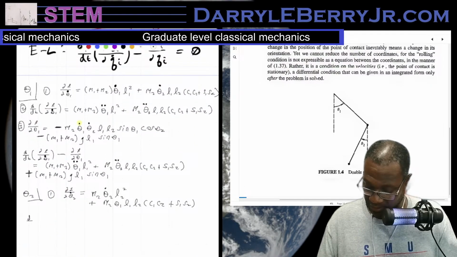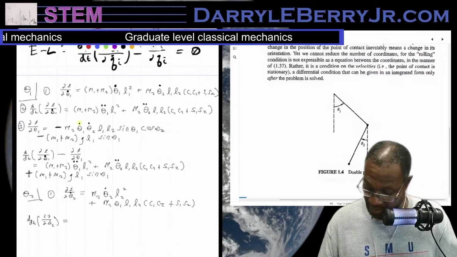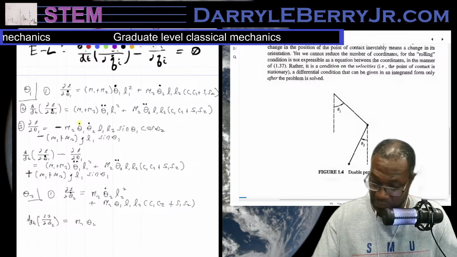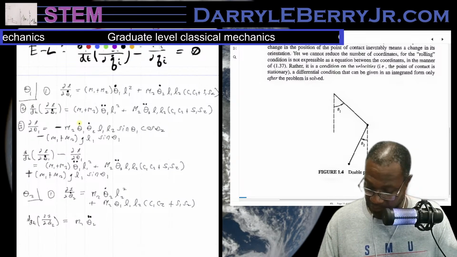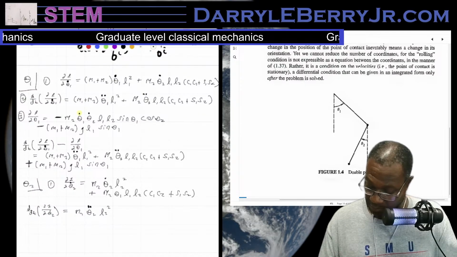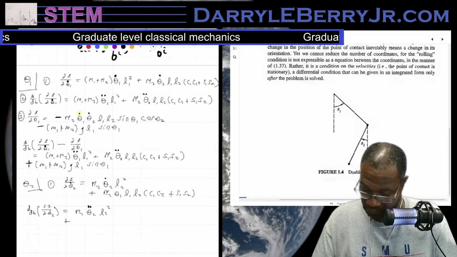Then we have d dt of partial L over partial theta 2 dot. So that equals M2 theta 2 double dot L2 squared plus, oh crap, that zeroes out. Did I miss a zero out part on the first one? Let's see.